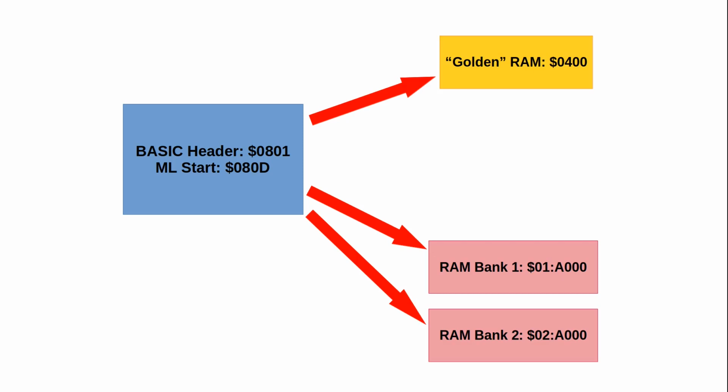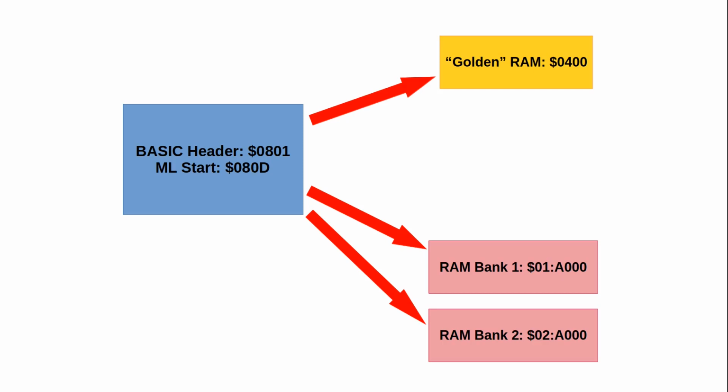And that's where we will specify the origination point of our main program assembly file. And in that program, it will go and load a program that has been built and configured to be loaded into golden RAM starting at hex 0400, and we'll have fixed entry points into that, actual subroutines that it can call.